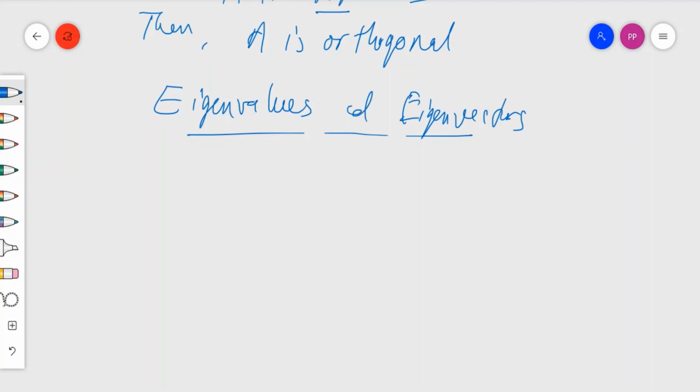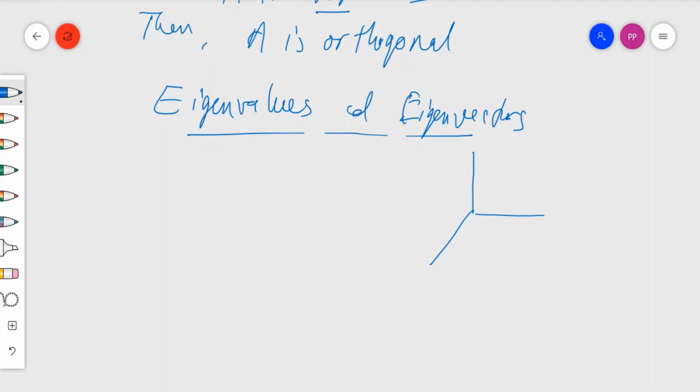Eigenvectors are the vectors upon which the matrix operation does not change the direction, and there is possible change only in the magnitude. It means, suppose I have a three-dimensional vector space.